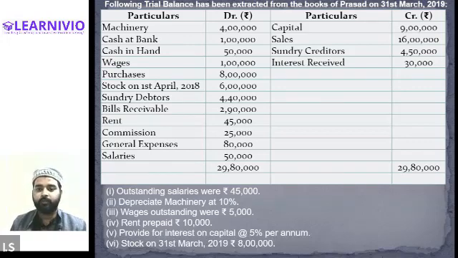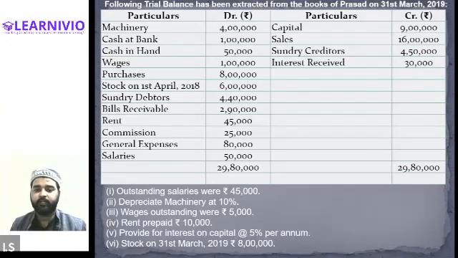Who is going to tell me how we will be treating it? Alexander, could you please explain how we will be treating the wages? Yes, sir. We have to add 5,000 in the wages, and the entire amount will be recorded first of all in the trading account.